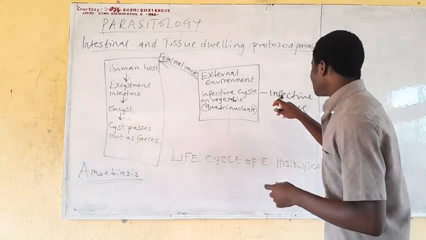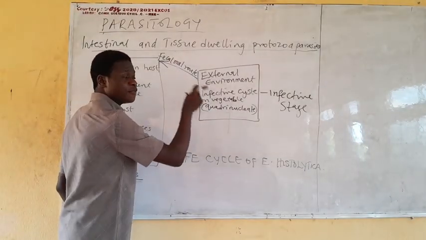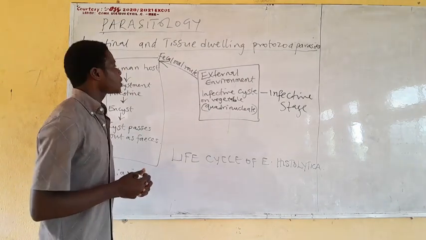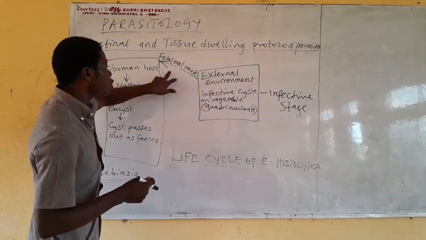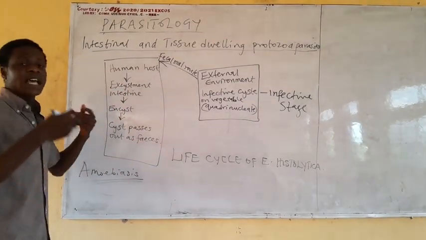The infective stage of Entamoeba histolytica is the infective cyst, also known as the quadrinucleate cyst. It gets to the human host through the fecal-oral route, that is, through the mouth. When it gets to the human host, it excysts.